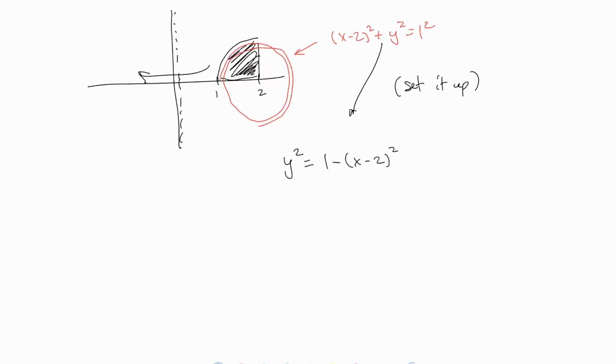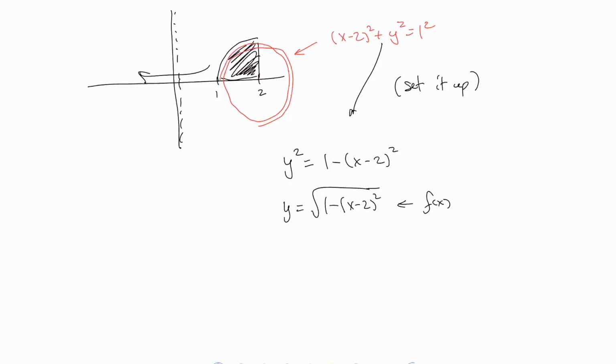I suppose you could do the FOIL there and then do the subtraction, although it's not really going to get much better than this. To solve for y, I take the square root of 1 minus x minus 2 squared. There you go. All right. That's what I should use for f of x. And this can't really be simplified at all, other than FOILing this out and then doing the subtraction, but then it's not much better than that already. All right, so this is f of x.